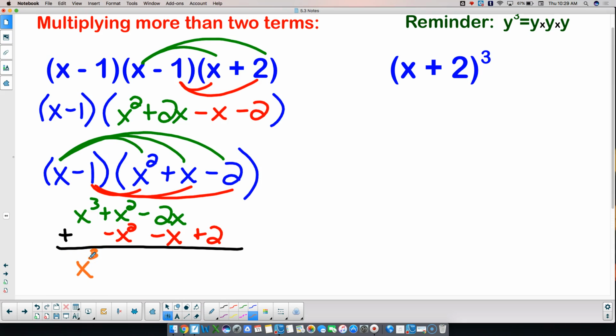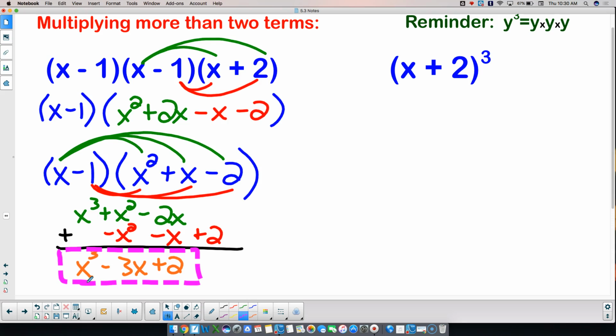X cubed, my x squareds go away. Positive x squared minus x squared makes 0. Minus 3x plus 2. Okay.